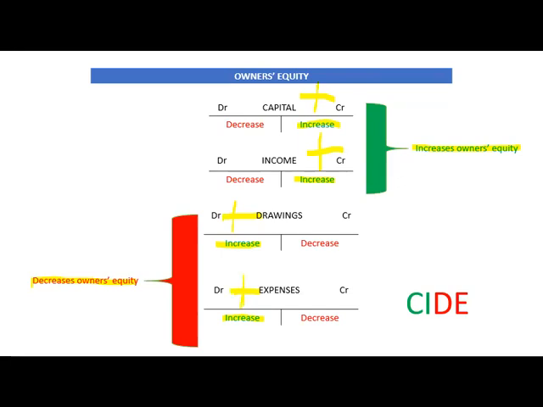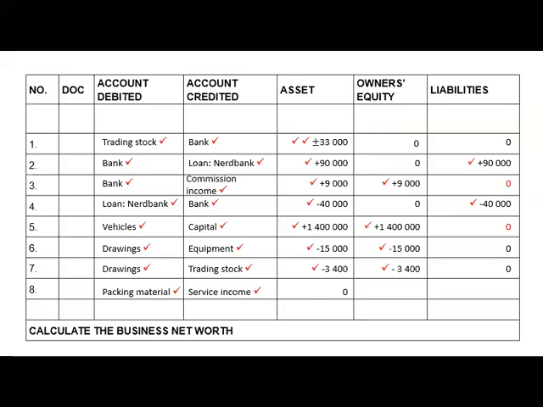It increases on the debit side. However, it reduces owner's equity. So the plus under owner's equity is for service income, and the minus is for packing material, which is an expense. It reduces owner's equity. And the liabilities, we will have 0, and these are the totals. We good? Great.